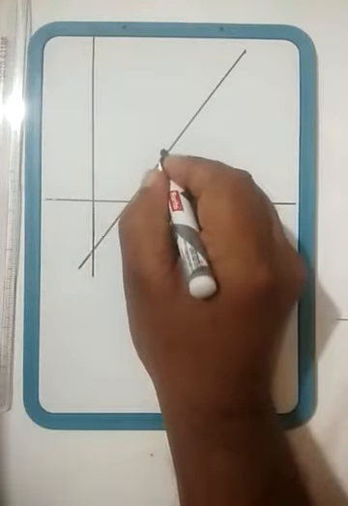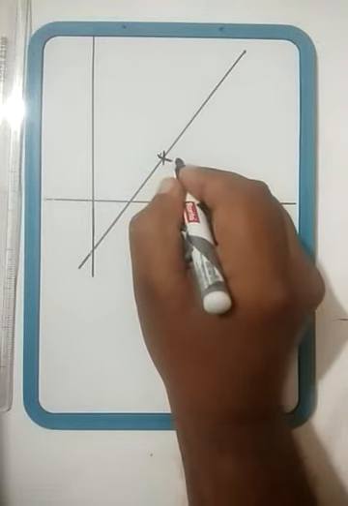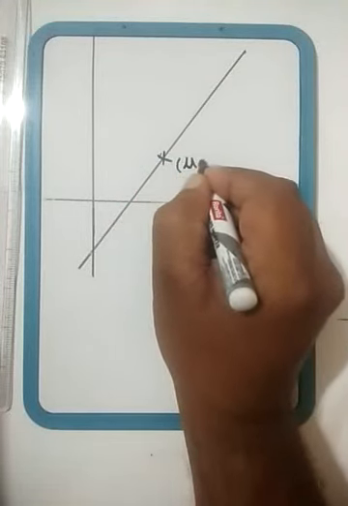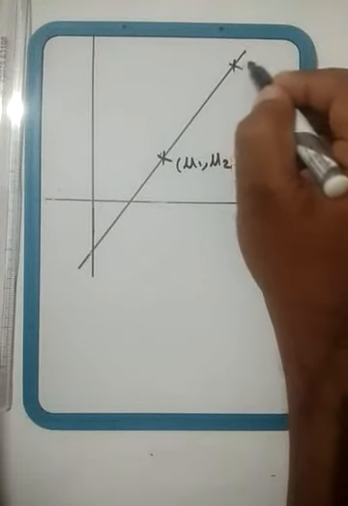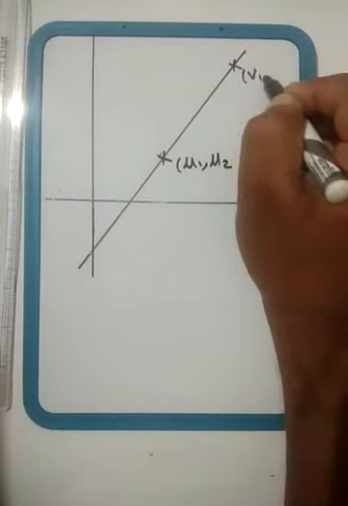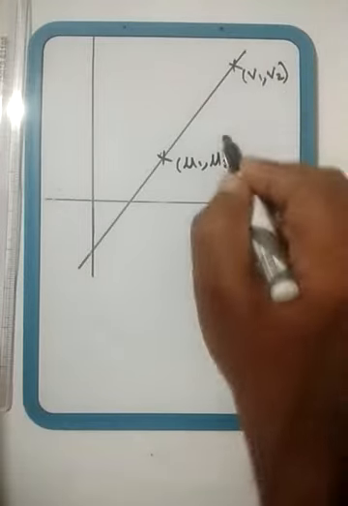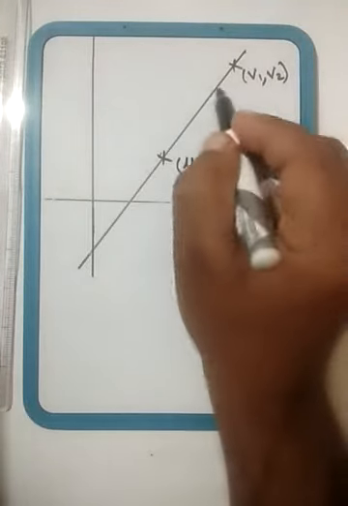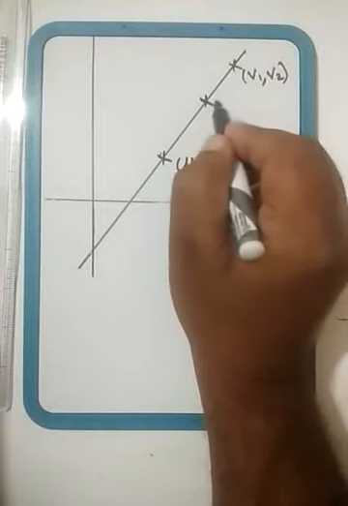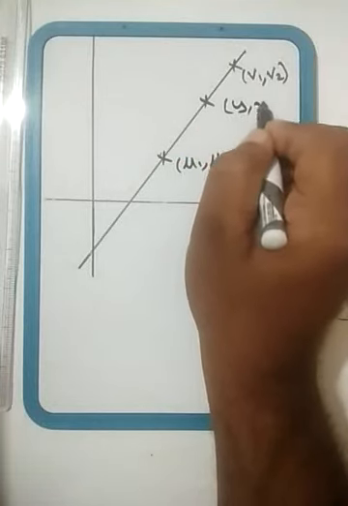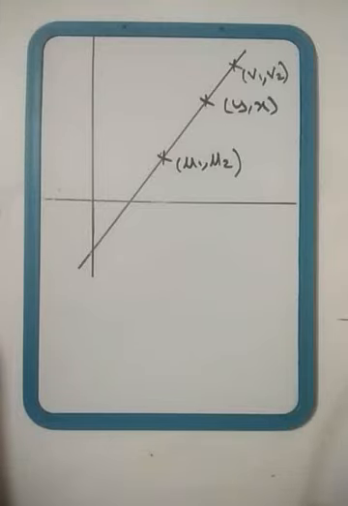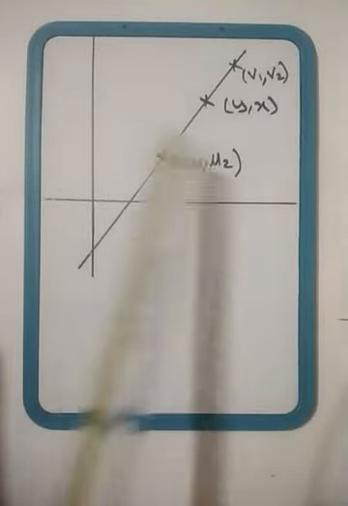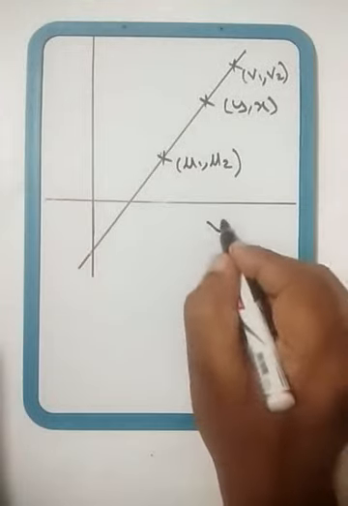I have a point over here and its coordinates are (u1, u2). I have another point over here, with coordinates (v1, v2). And suppose I have a point over here, which is the point (x, y). Let's draw perpendiculars from these points to the x-axis and y-axis.